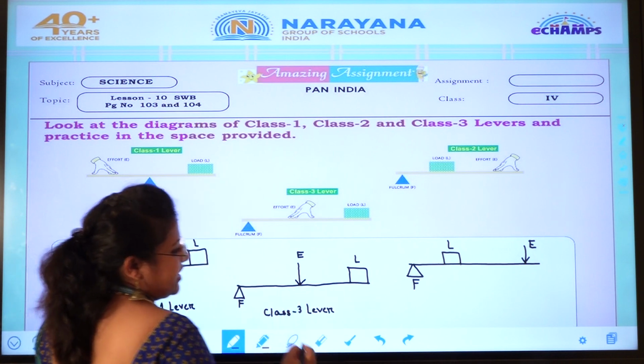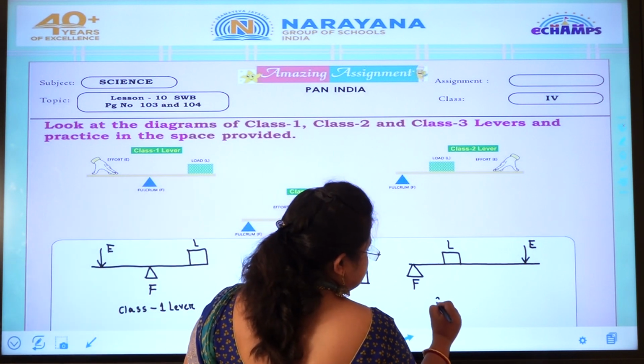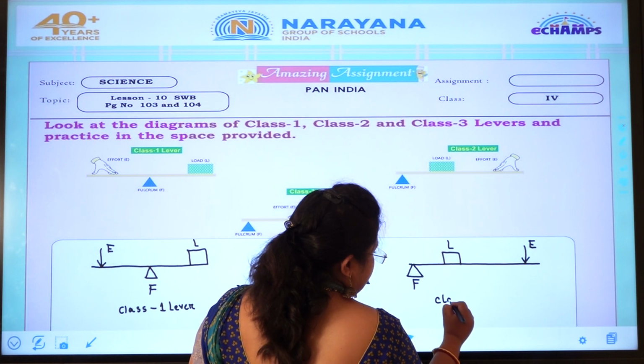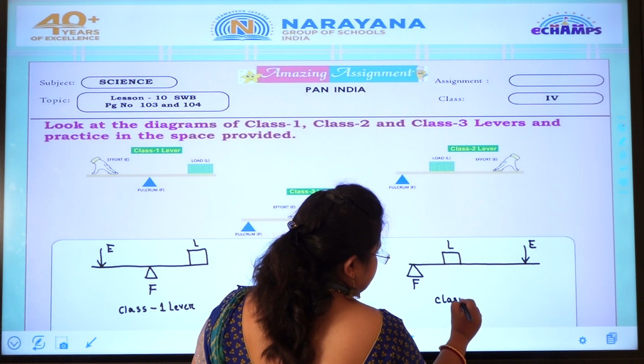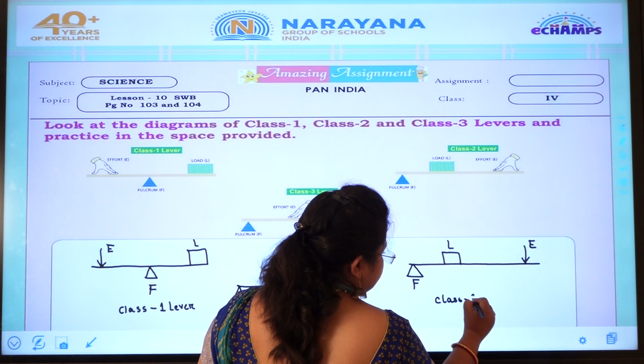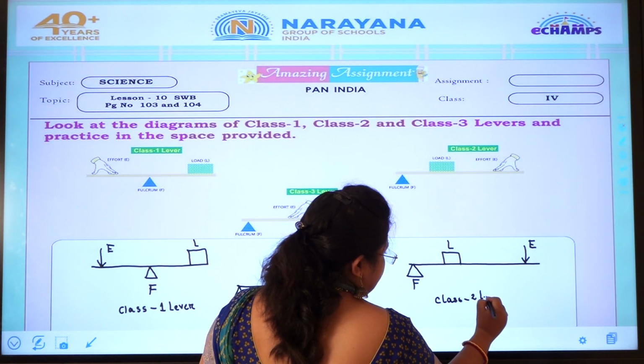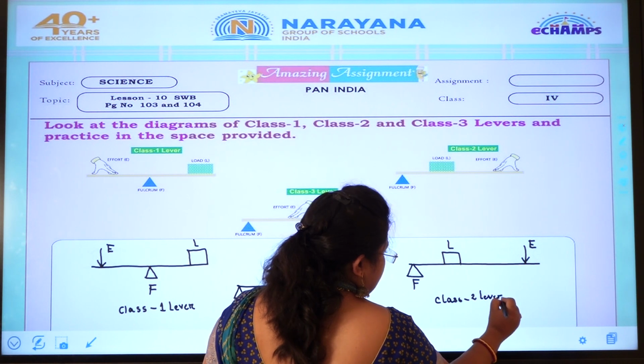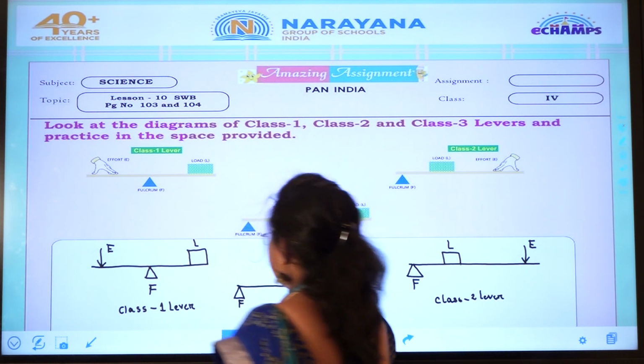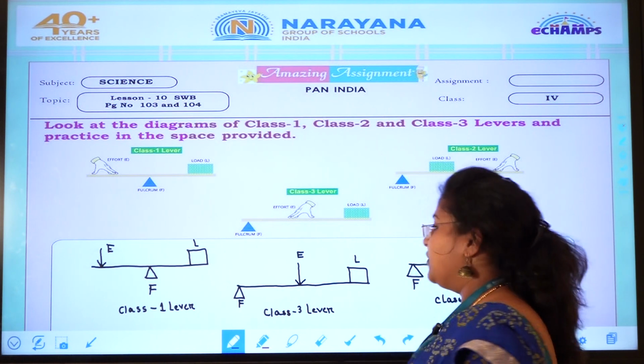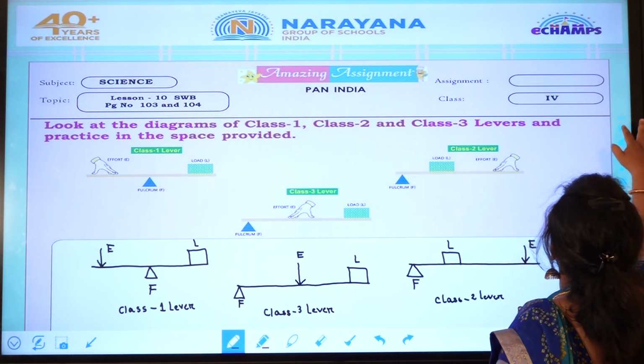And here is the class 2 lever, so CLASS-2 LEVER. So these are the 3 levers, children, we have drawn here.